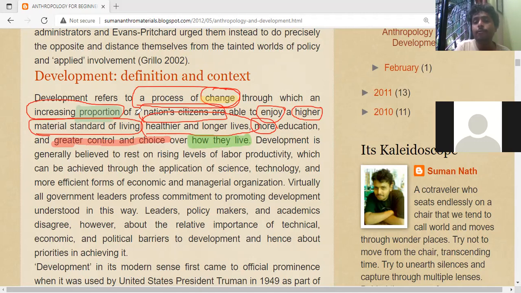More education, another point. You will live as an educated person, more education. And the last point is the most important point. When we say that we will have greater control, অনেক বেশি নিয়ন্ত্রণ থাকবে, greater control over how they live, মানুষ কিভাবে বাঁচবে তার চয়েস and control মানুষের হাতে থাকবে। Do we really have a control over how we live?